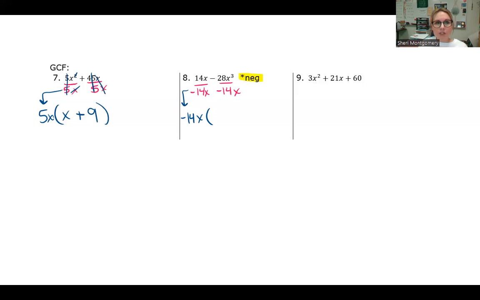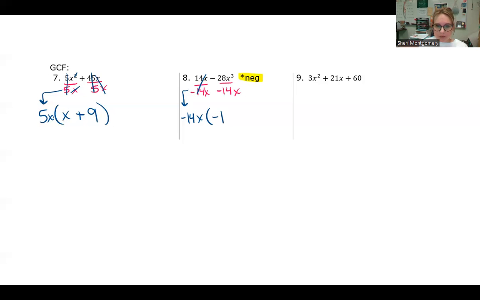When I look at my first term, it looks like everything kind of cancels, right? But I still have a negative. So it's just going to be a -1. Nothing ever fully cancels. It will always be a 1. In this case, a -1.